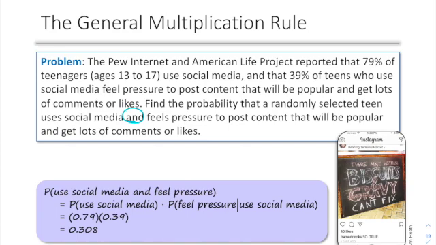So the probability they use social media is 79%, so 0.79. And then the probability that they will post content is 39%, 0.39. So 0.79 times 0.39 is 0.308.